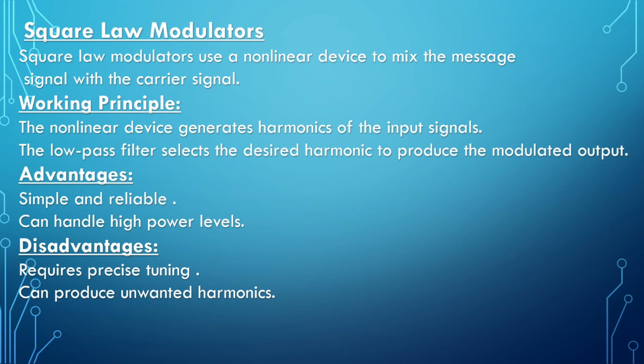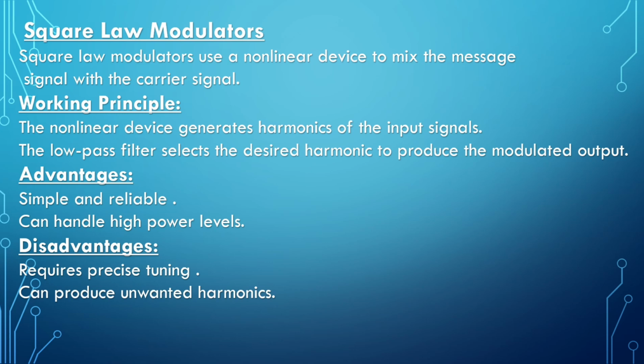Square law modulators use a nonlinear device to mix the message signal with a carrier signal. Working principle of it: the nonlinear device generates harmonics of the input signals. The low pass filter selects the desired harmonic to produce the modulated output. Advantages of square law: simple and reliable, can handle high power levels.